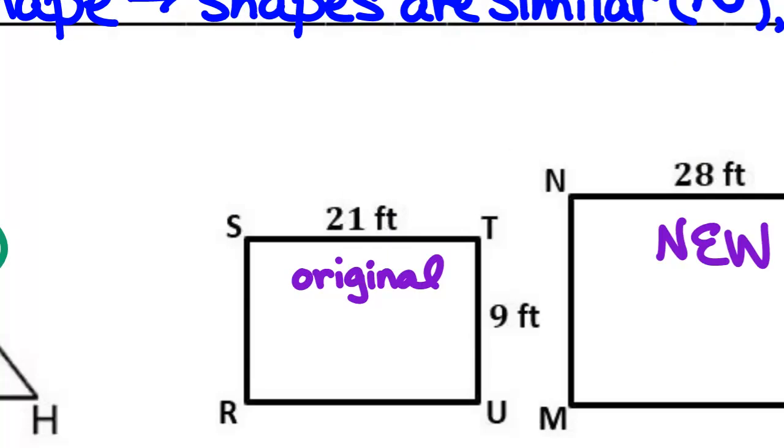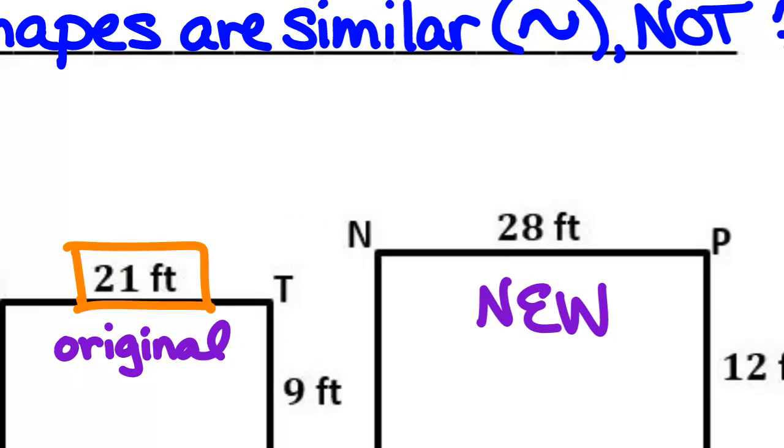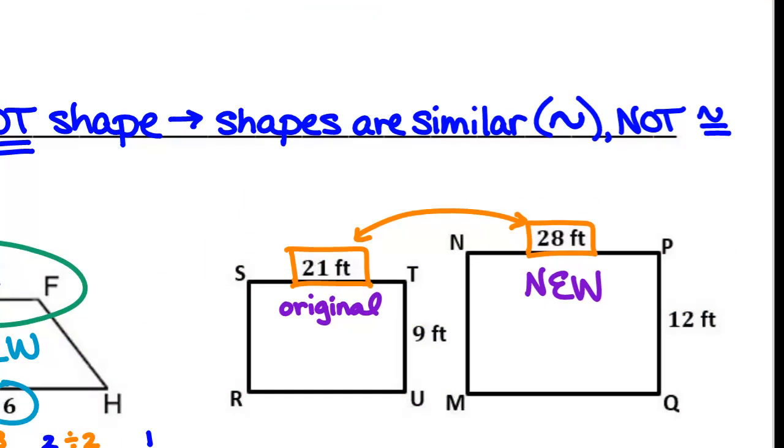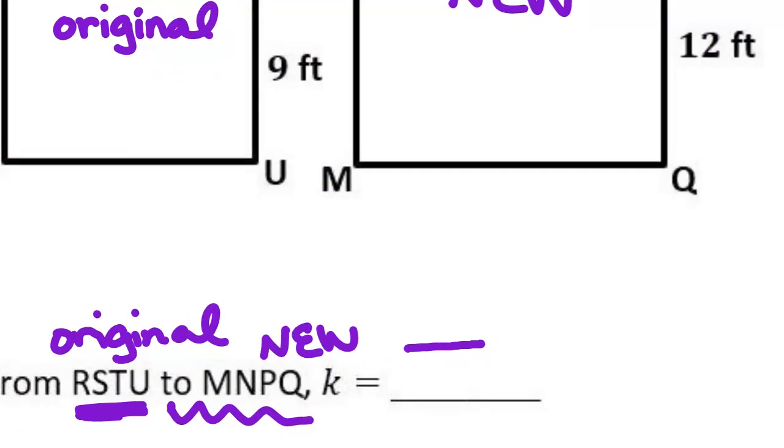Yes. What is corresponding to 21 feet on NMPQ? 28 feet. So these 2 would go together. Which one would go in my numerator for this first part here? 28 would go in my numerator. And 21 then would have to go in my denominator.